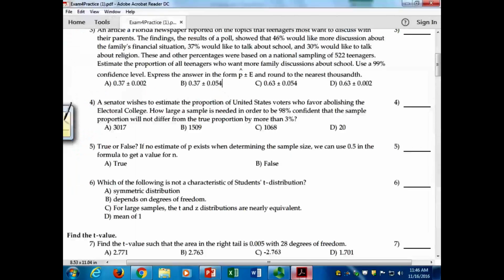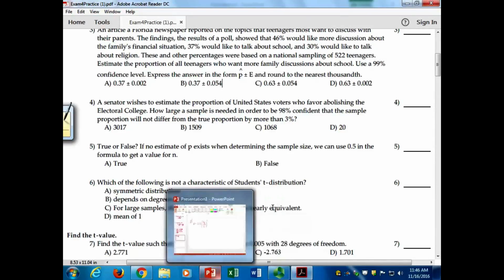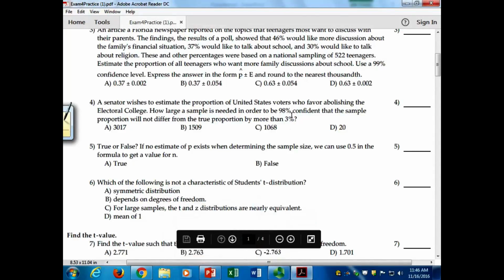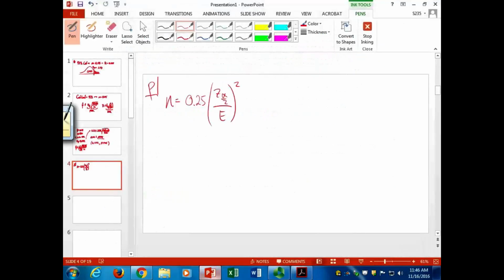So here, what's the error rate that we're trying to achieve? We're trying to get our error down to 3%. So our goal is 0.03. What's our alpha level here? 0.02. Yeah, because it was 98% confidence.